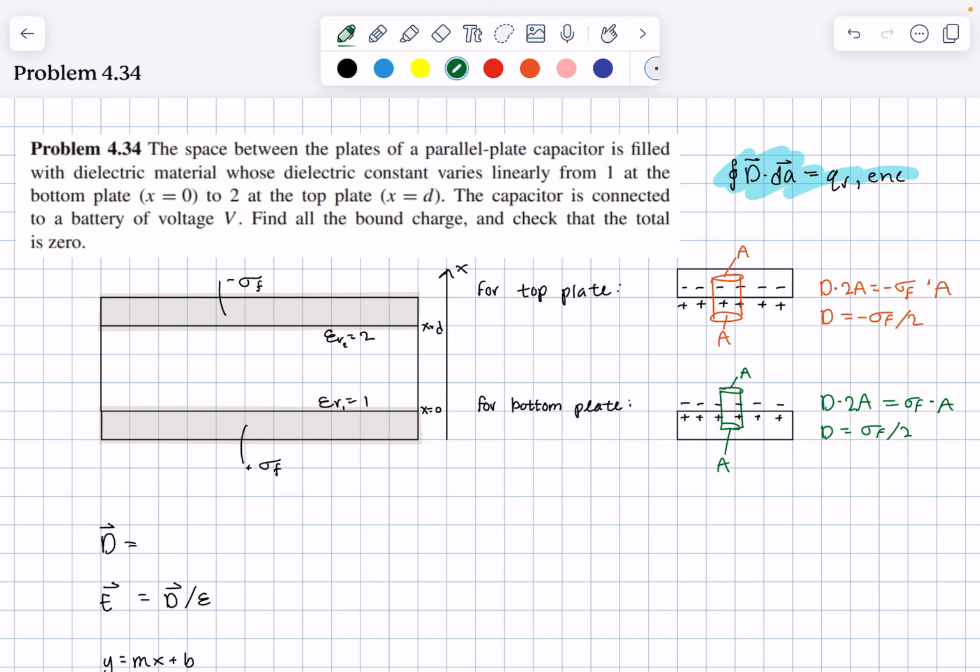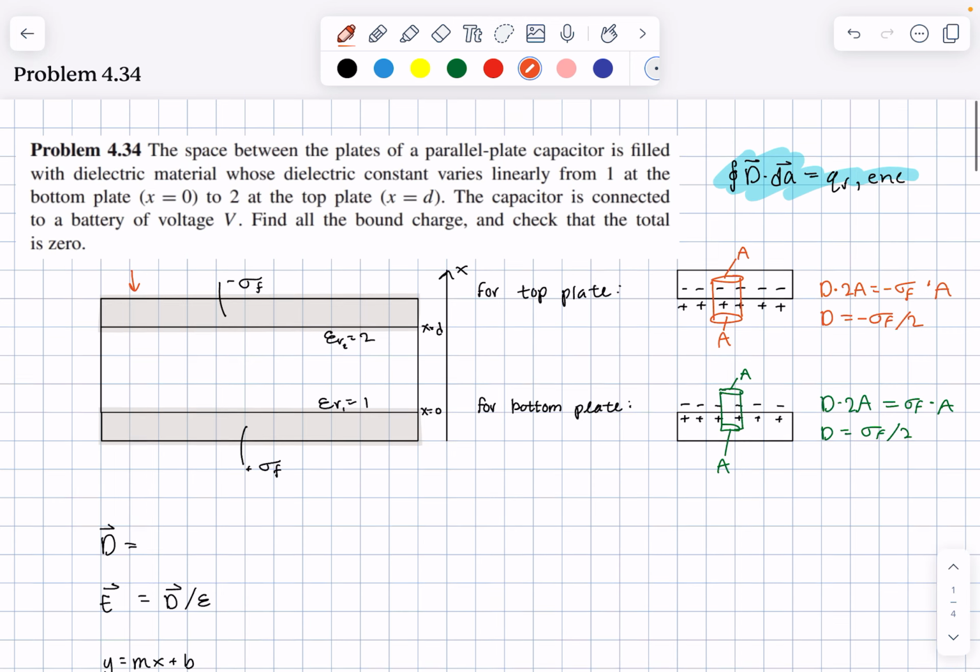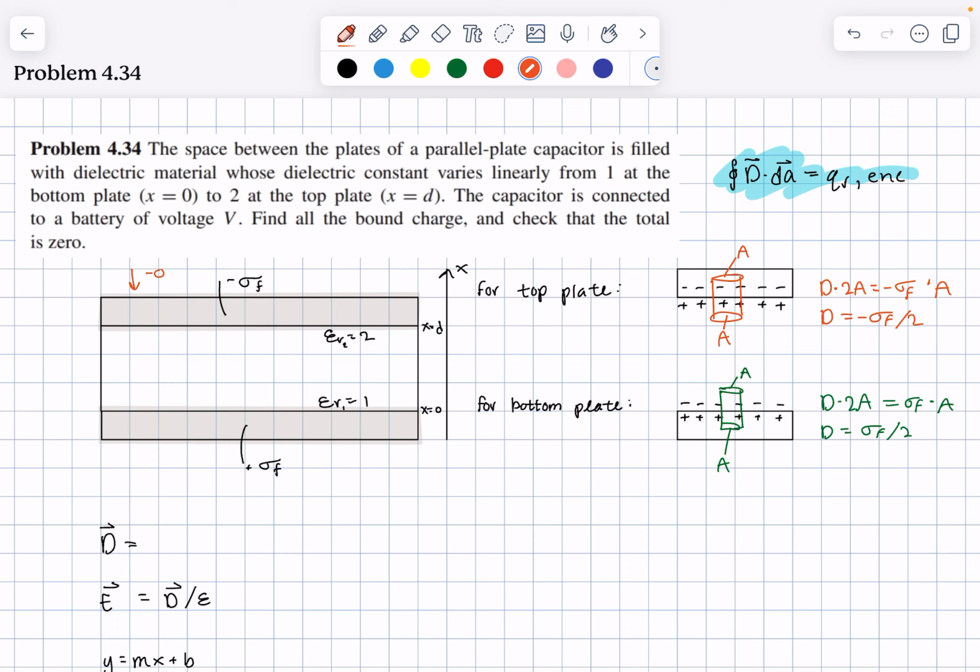And now if we bring these over to our main diagram here and add them on, we can see that for the top plate, it would be coming out if it was positive, but since our displacement is negative, we'll be going in, and it'll be our free charge density over 2.